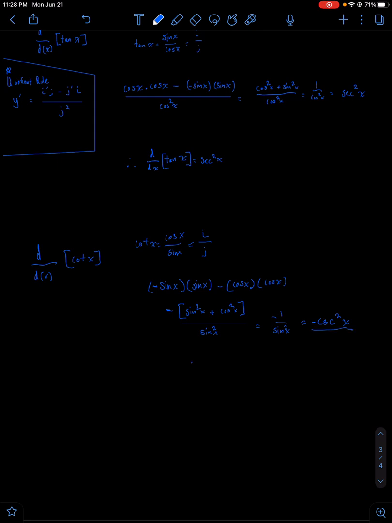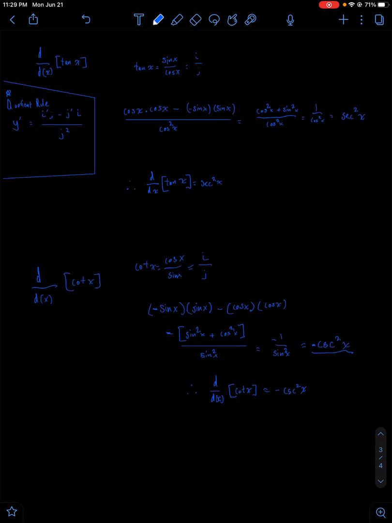So the derivative of cotangent x is equal to negative cosecant squared x. Alright, so that's that.